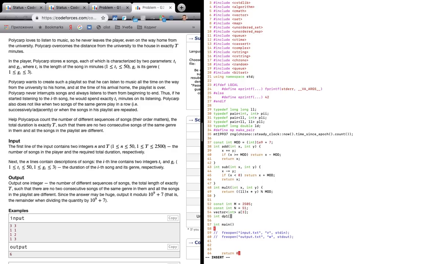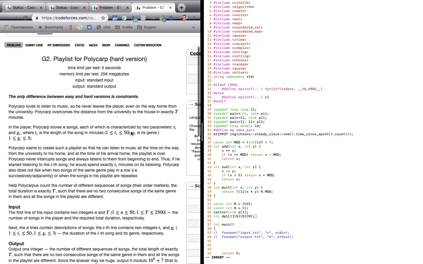We need DP for songs from the first and second genre. It will be the number of songs, so first genre, second, and total duration. It's a lot of memory.